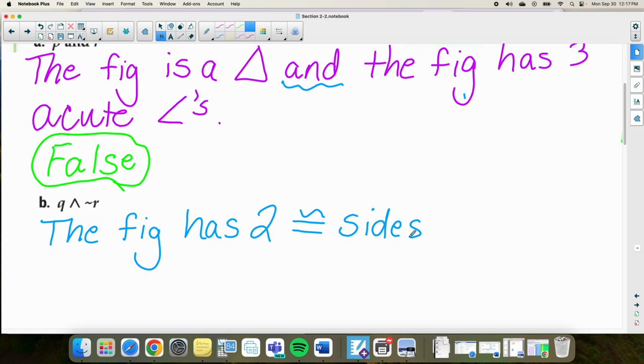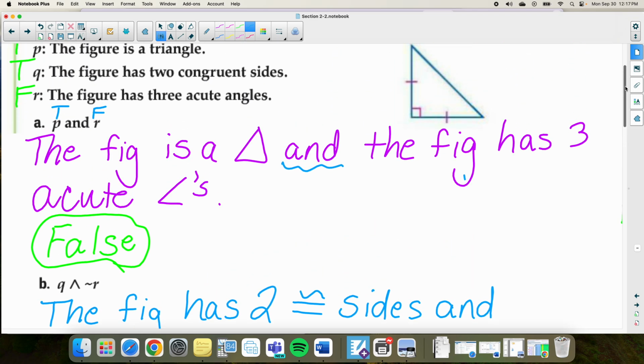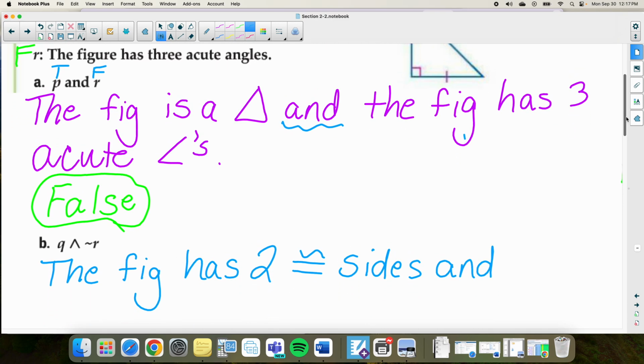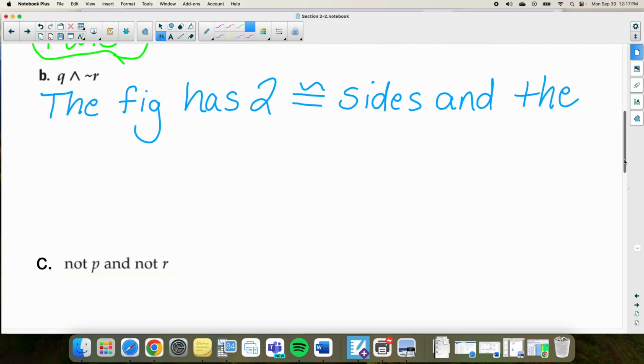Then that symbol is and, and now we have to negate R. R is the figure has 3 acute angles. To negate it, you put the word not in there. So we're going to say, and the figure does not have 3 acute angles.